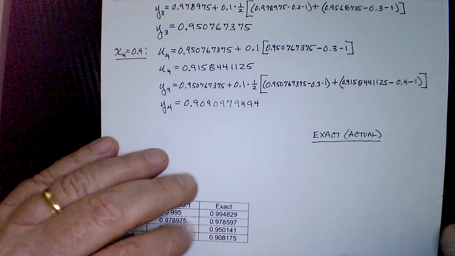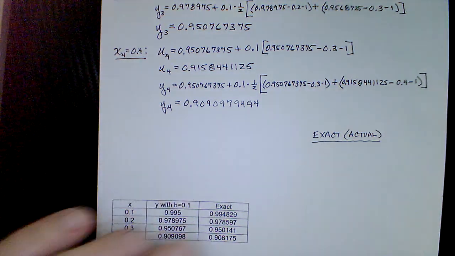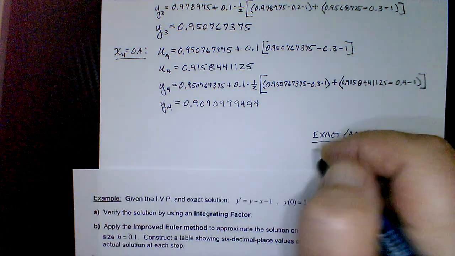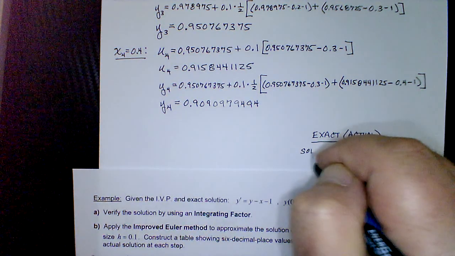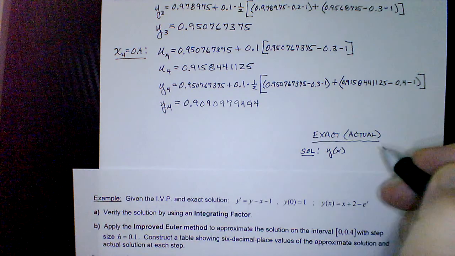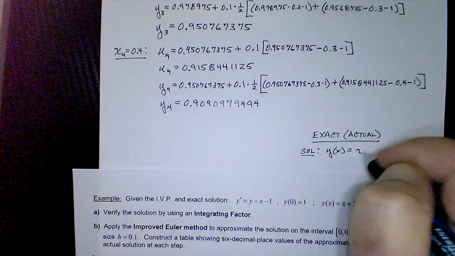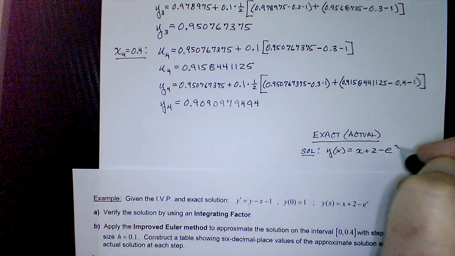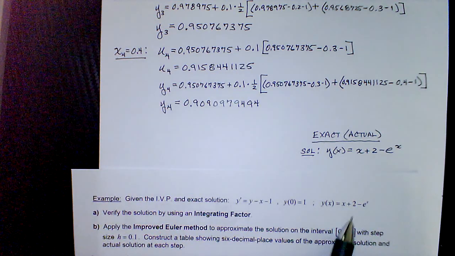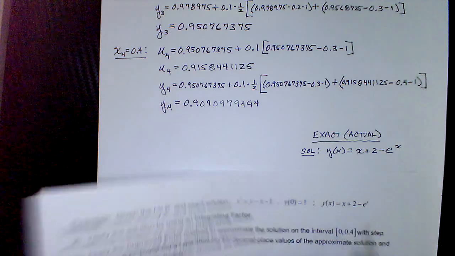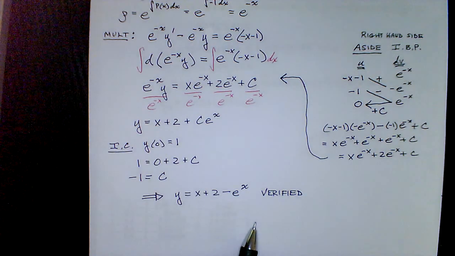The solution, recall, was given and we had proven it. So the actual solution was y of x equaling x plus 2 minus e to the x. Okay, so that was from the given, and that's what we had verified.